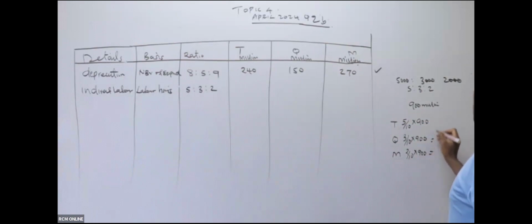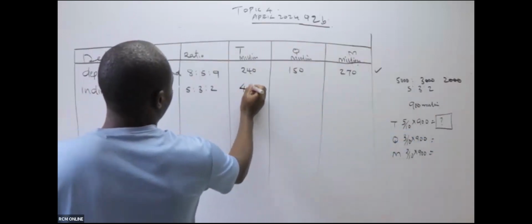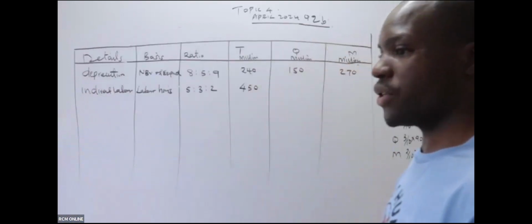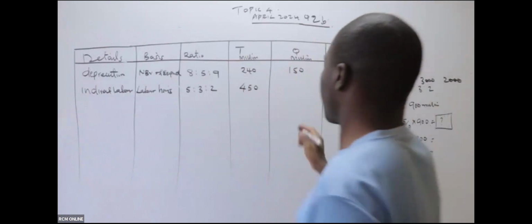So what is the share taken by T? What is the portion taken by T department? 450, okay. About Q? Q department, 270.